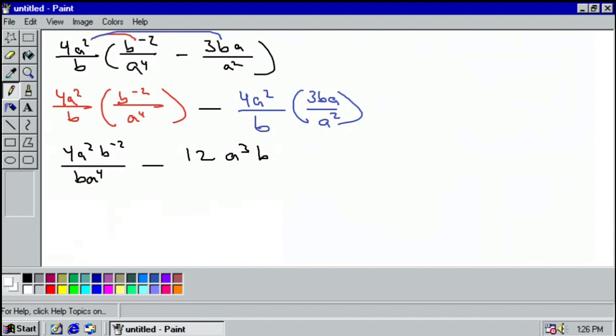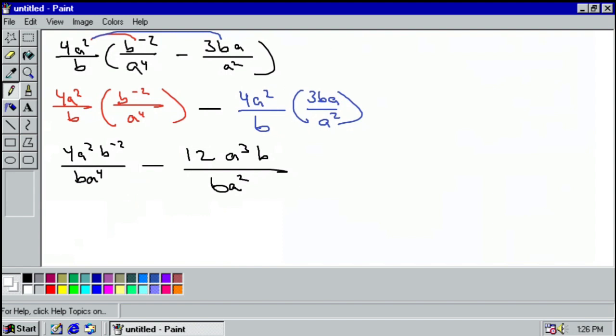Next, on the bottom part, we have b a squared. So we can change b. Let's put b, but in this part it will become positive.